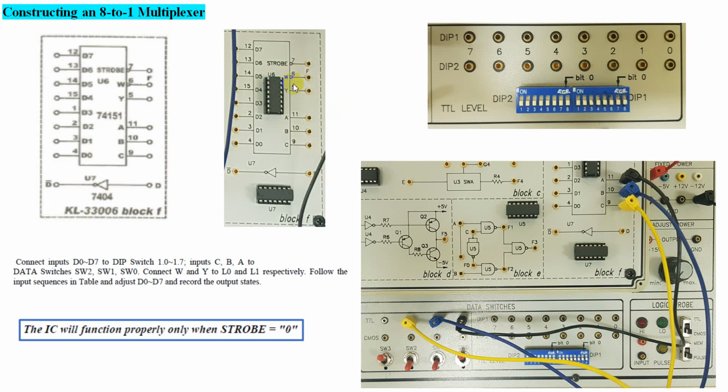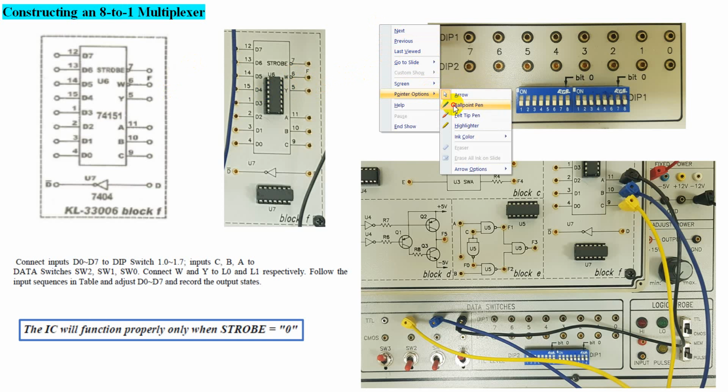Second thing, I have Y and W here. Both of them are outputs, but you can see there is a small bubble here, so it means this is the complement of your output. Basically Y will be my output here and W will be the complement value. Let me show you here.